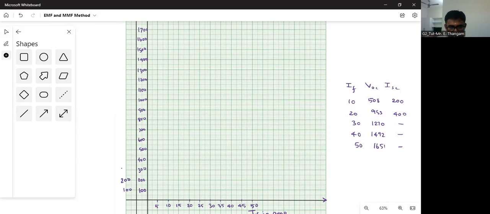That is very important. This axis is your short circuit current axis, and this axis is your open circuit voltage axis.